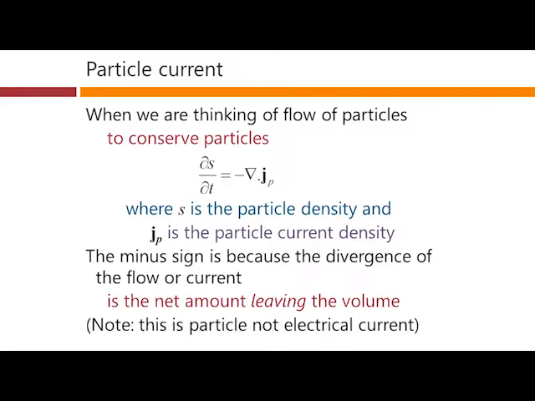Incidentally, we are talking about particle current density here, not yet electrical current. We could easily get to electrical current. For example, if we were talking about charge, we could multiply by e, the electronic charge, to turn this into an electrical current. But this is particle current density we're thinking of here.